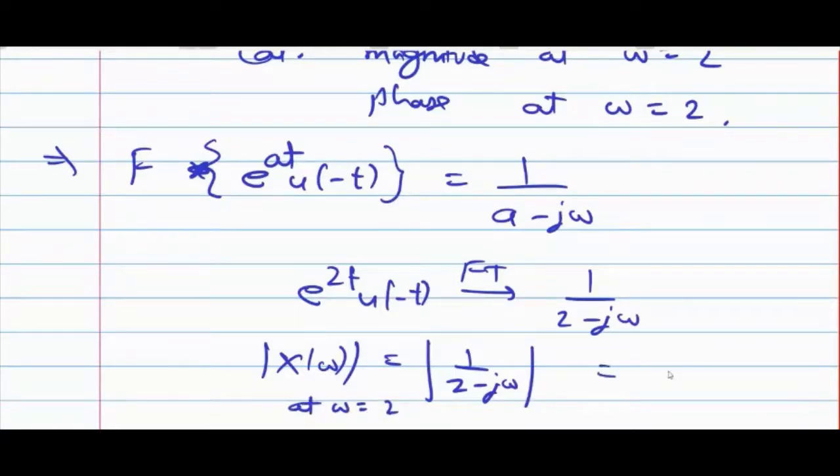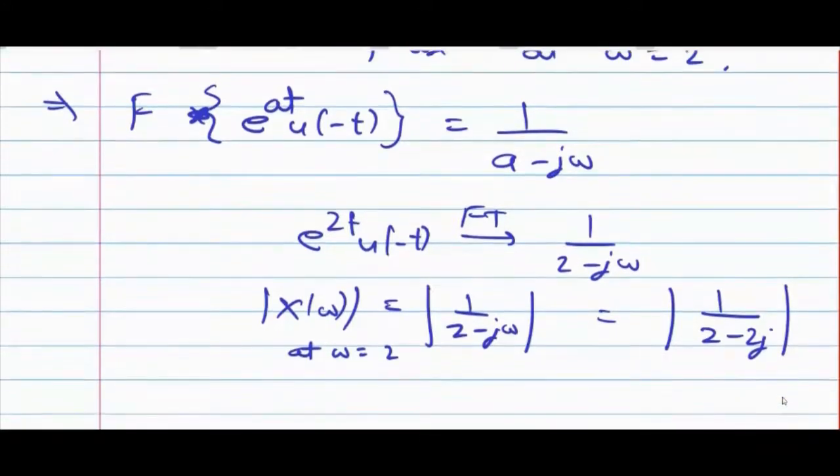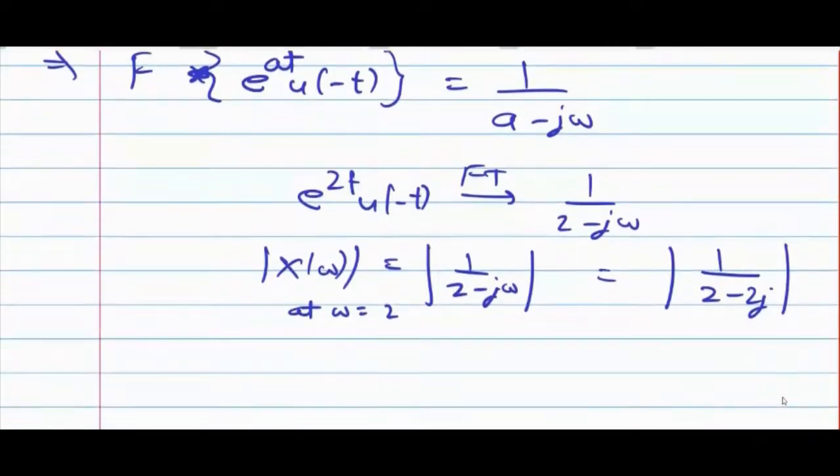That means 2 minus 2j. What is the magnitude of 2 minus 2j? So 1 upon under root 2 square plus 2 square. That means 1 upon under root 8 is the answer. So this is the magnitude, or 1 upon 2 root 2 is the answer.